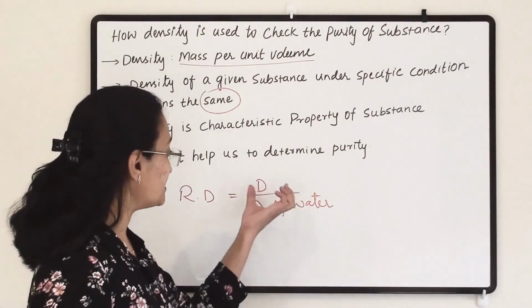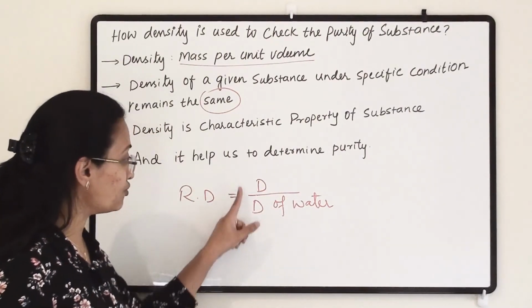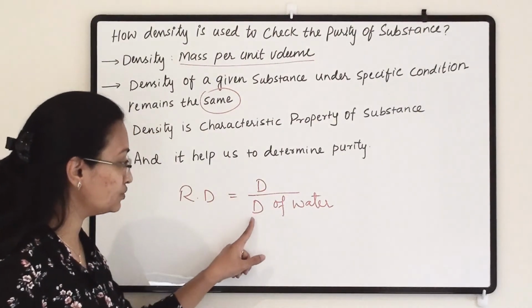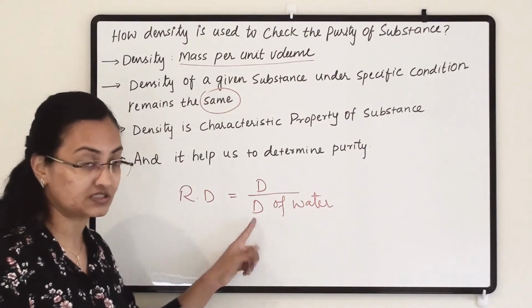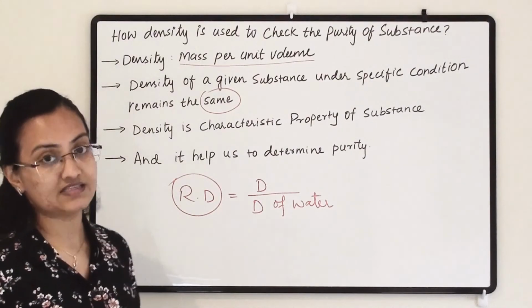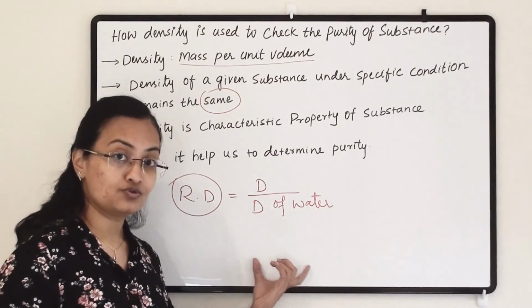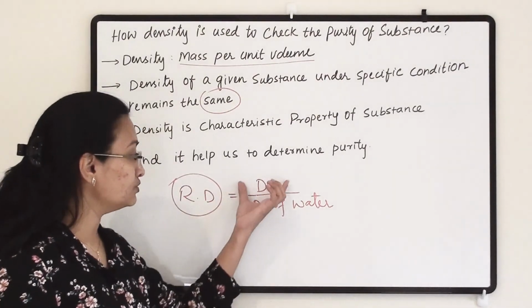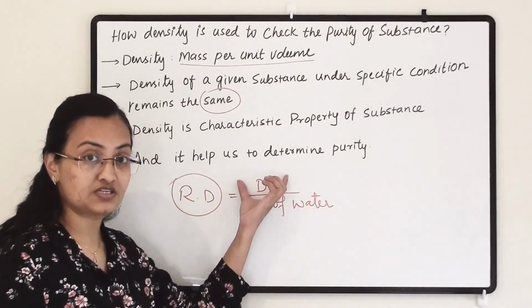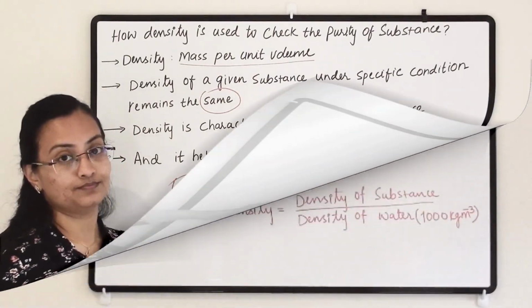So if you know the density of any substance, then when you take the ratio of that substance's density to the density of water, that is known as relative density. And this relative density has no unit. So relative density is equal to the density of a particular substance divided by the density of water.